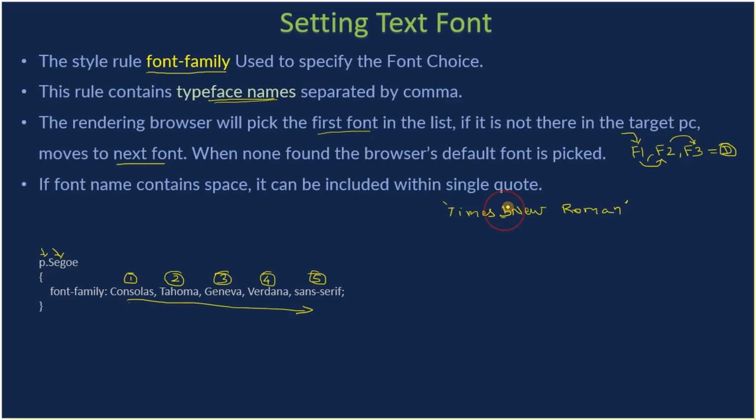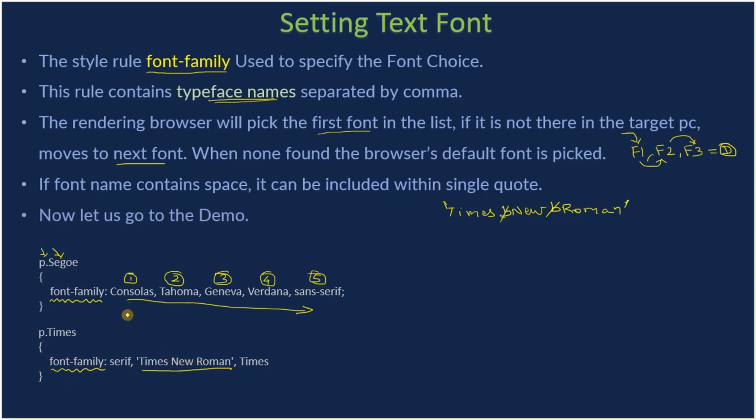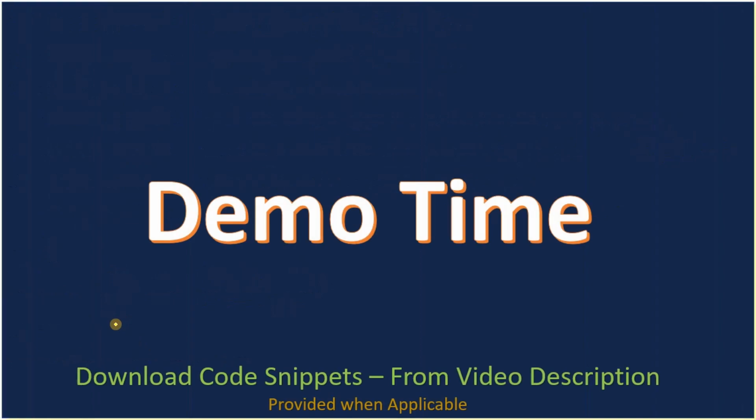So here is the example for that. Times New Roman, serif, times, all those we specified as it is, but for Times New Roman we specified the single quotes, and the style name here is font-family. Using that we can specify the font name. Now let's go to the demo.